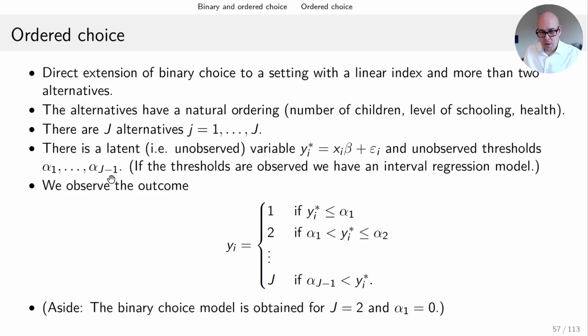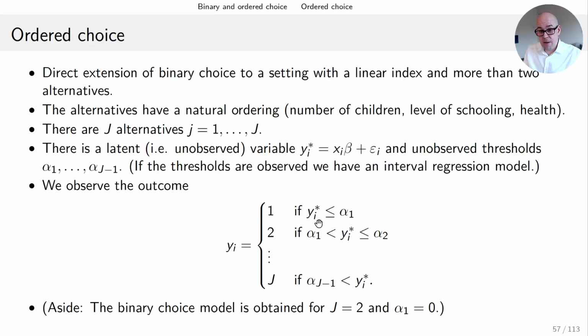capital J minus 1. Now, if these thresholds are actually observed, then we have what is called an interval regression model. To see this, let's look at the observation rule that we will always have in this model. The observation rule is that in my data, I'm going to observe a value for yi, so that runs from 1 up to capital J. And I have here the details that tell me how values of yi star are translated into values of y.